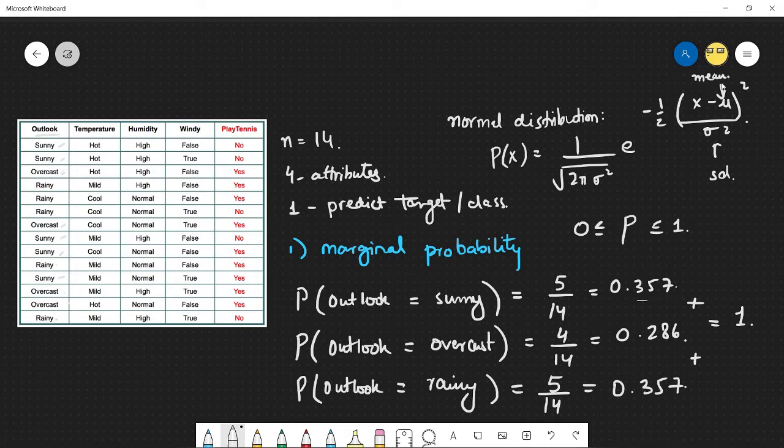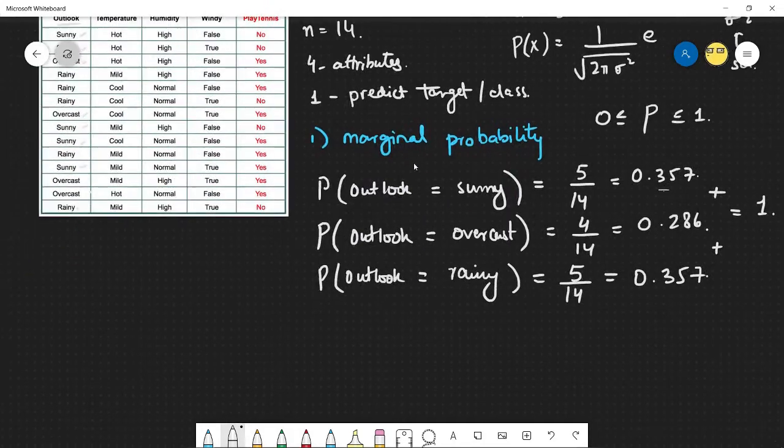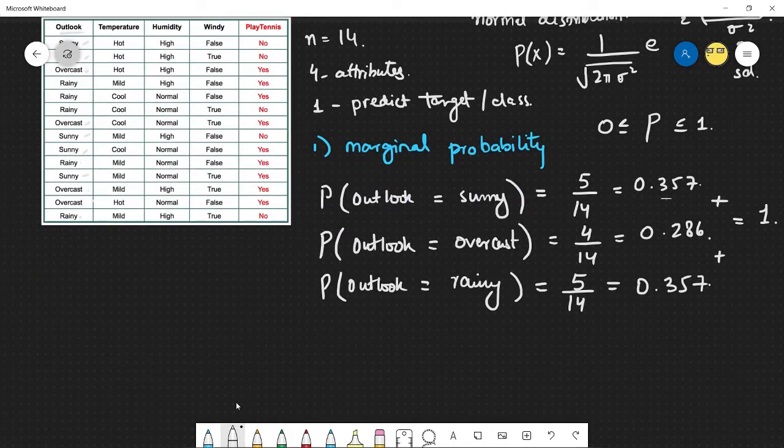Now with machine learning, we are usually interested in more than one random variable at a time. We might not just be interested in the event that the outlook was sunny. We might be more interested in the probability that the outlook was sunny and the humidity was high. In that case, we bring in our second kind of probability, called a joint probability.